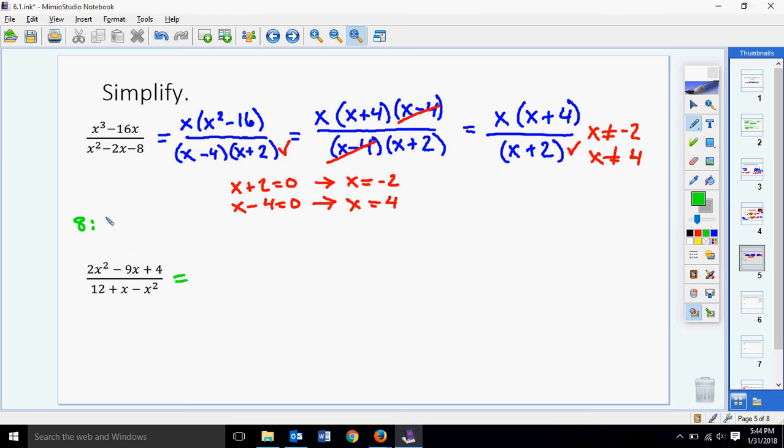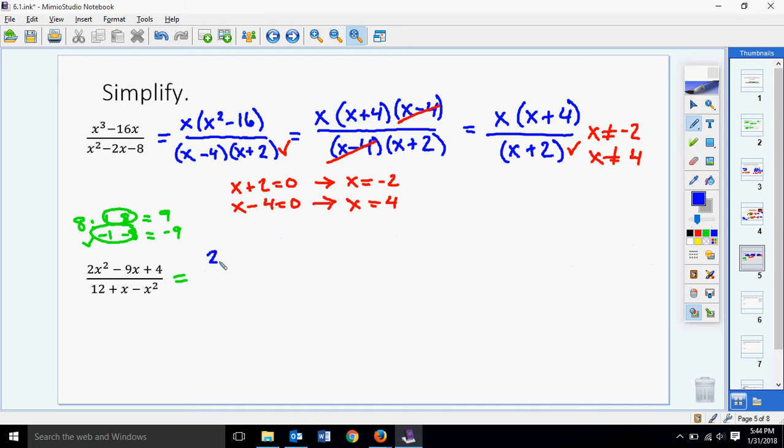Well, I have 1 and 8, and I notice that if I add those, I'd get 9. Well, I need a -9. So what about -1 and -8? When I add those, I do get -9. So this is the pair that I want. I'm going to use this pair to rewrite -9.